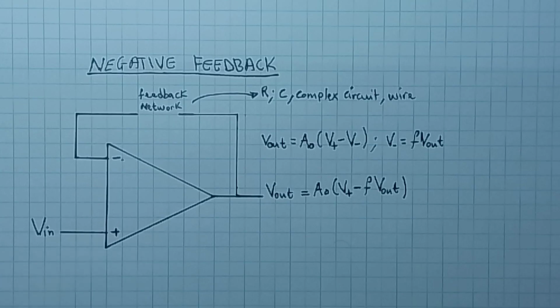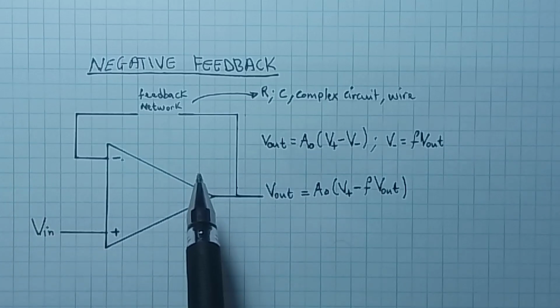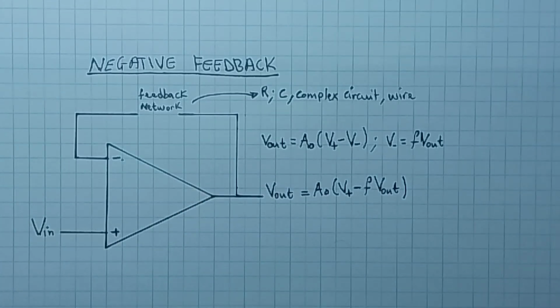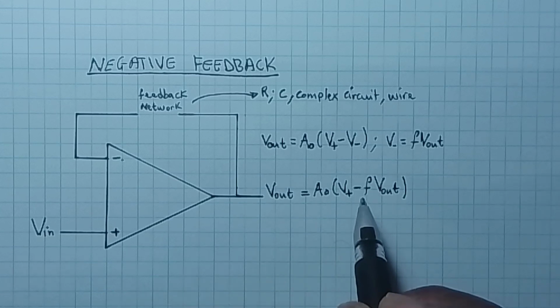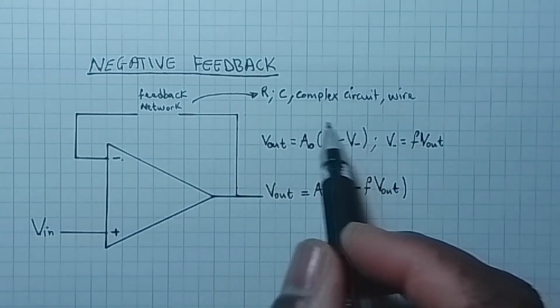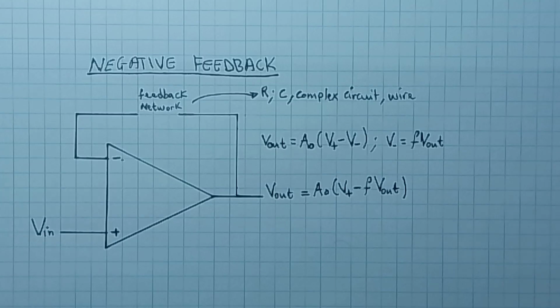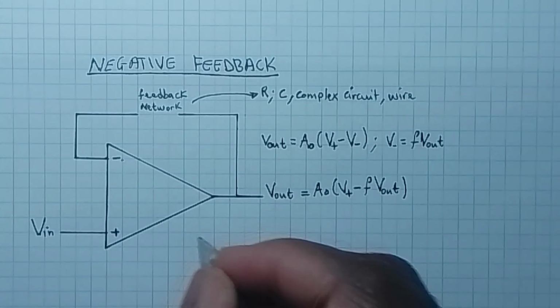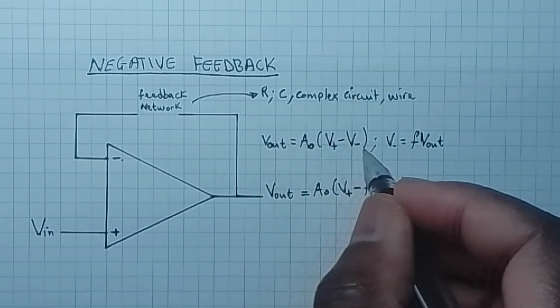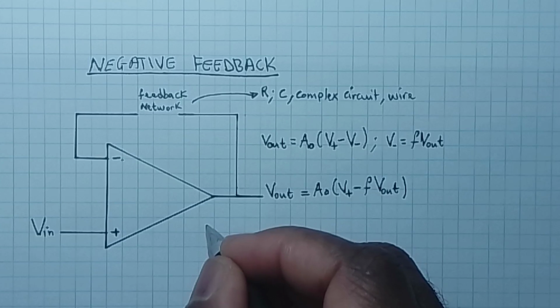If we treat the op-amp as an ideal device and rearrange the open loop formula that we know, we realize, so let's write it in this way.